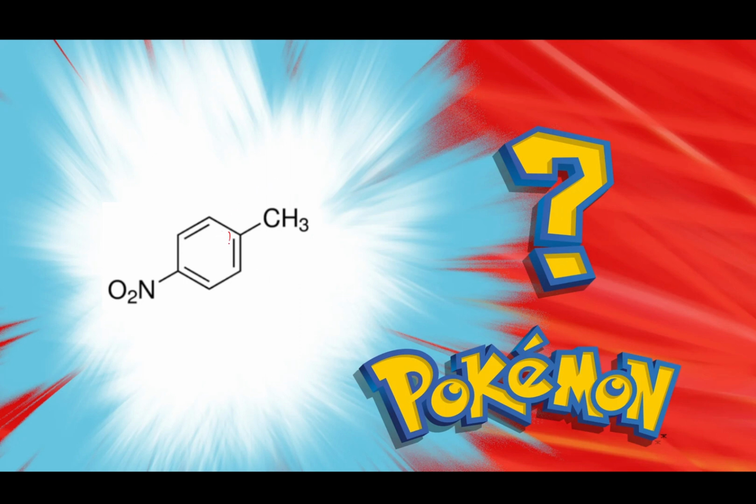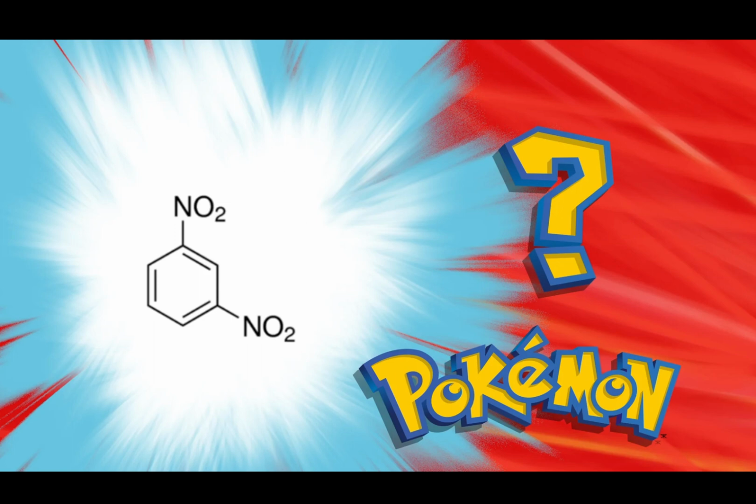Lovely. Right? So one, two, three, four. Or we can call it P nitro. Right? So we can call it P nitromethylbenzene. Or P nitrotoluene. Or you can call it just 4-nitromethylbenzene. Right? So it is 4-nitromethylbenzene. Okay?